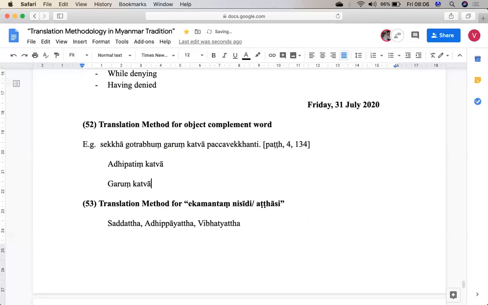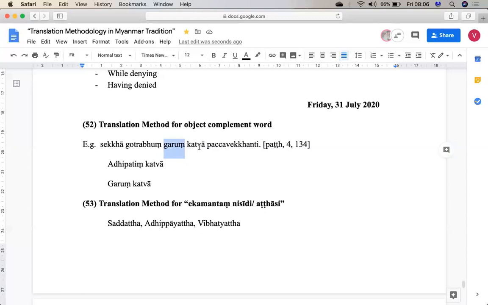Maybe other forms exist too, but I could not find them; this is just roughly what I found. So adhipatiṃ katvā. Here the object complement is garuṃ, but that garuṃ has the private verb form katvā: garuṃ katvā, adhipatiṃ katvā, and also odaṃ katvā, cittaṃ katvā, and so on.